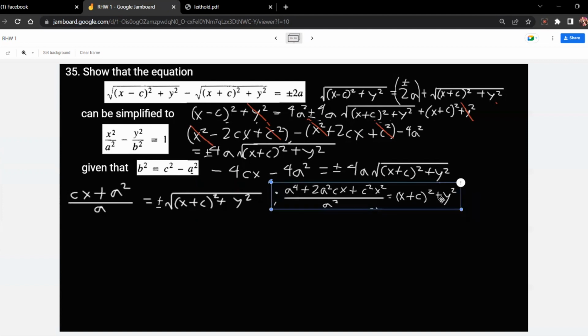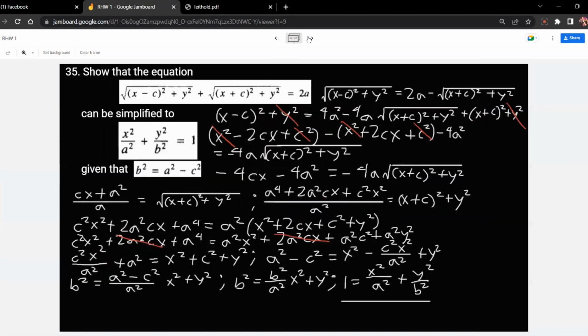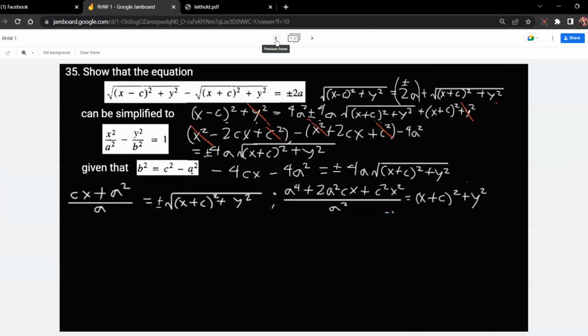It's going to be exactly the same. Why? There must be something different. Baka mawala yung plus minus. Teka nga, 2cx. Tama ba yung mga signs ko? Minus magiging plus.